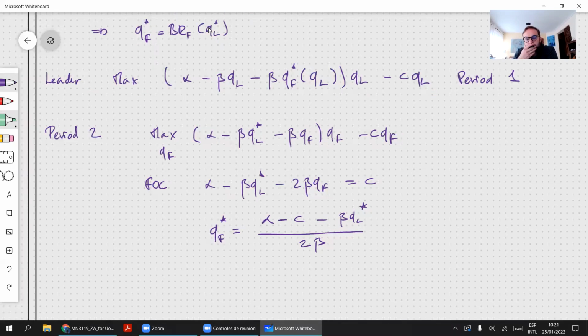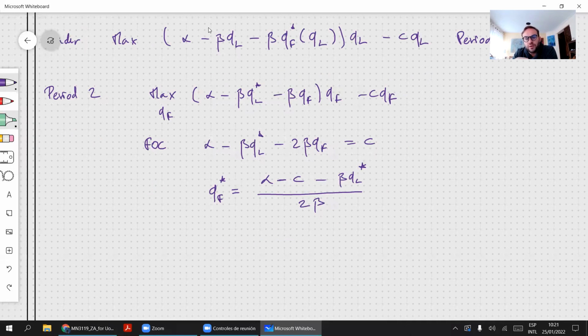And then I can plug that back in the problem of the leader, sorry. So I'm going back to period 1. Maybe we can write it also in this form. So alpha minus C over 2 beta.